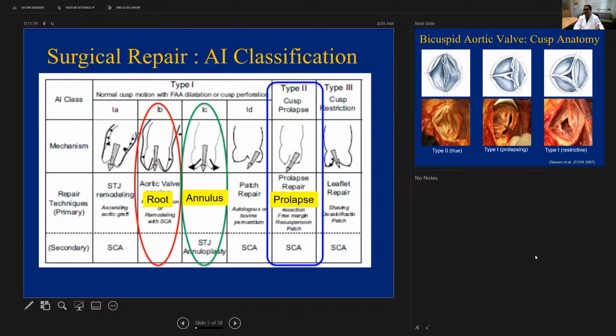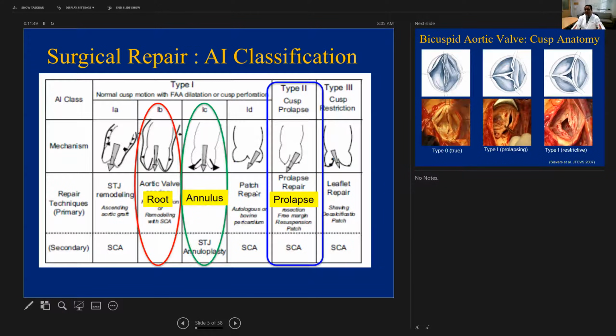The types where we can primarily employ surgical repair techniques are type 1 and type 2, where either it's a problem with the aortic root causing the aortic insufficiency, or it's a dilated annulus causing it, or there's primary leaflet pathology such as prolapse, cusp restriction or leaflet tethering. And we employ different techniques for these aspects of aortic insufficiency based on what we see.